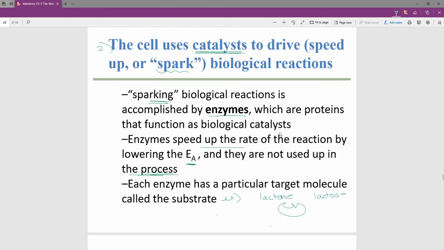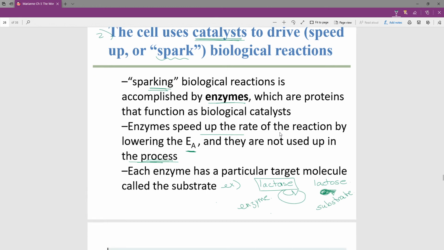Lactose, I'm sure somebody else was just thinking that, is the sugar molecule in milk. And so lactose actually fits into the molecule of lactase in your digestive system. We would call this the enzyme, even though I got it backwards, and lactose is the substrate. It could also be the reactant in the chemical reaction here.